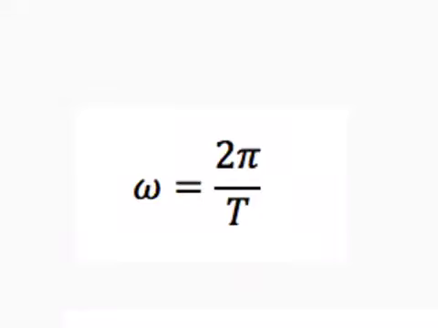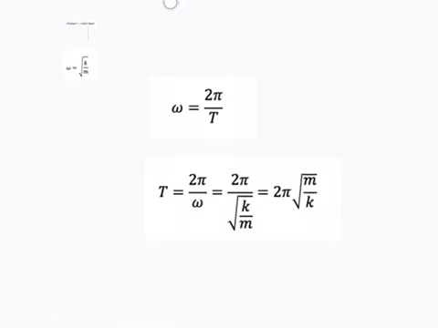Omega is equal to 2 pi divided by the period. We can use this to solve for the period of a simple harmonic oscillator as T equals 2 pi times the square root of m over k.